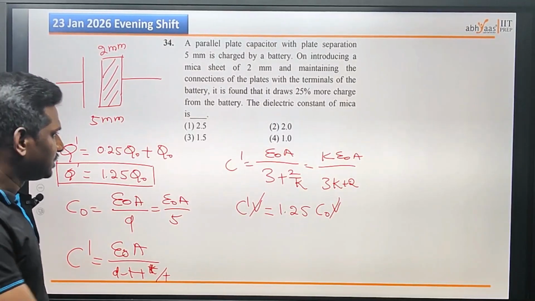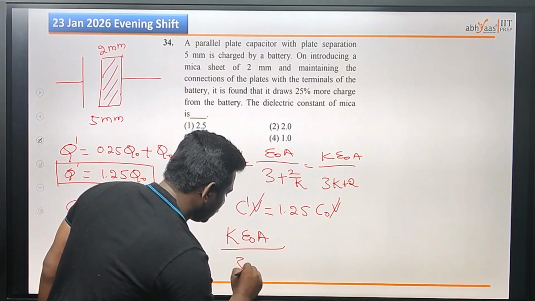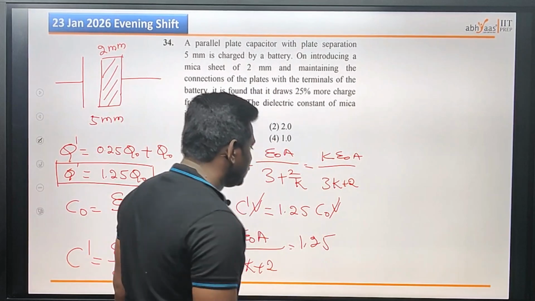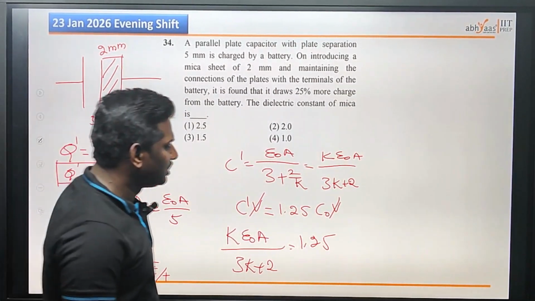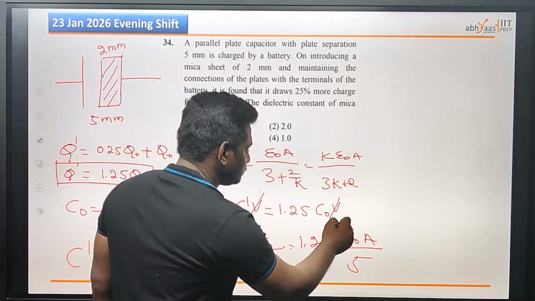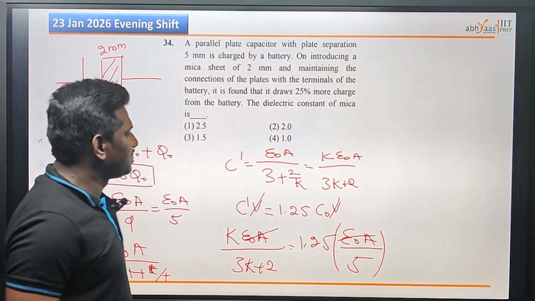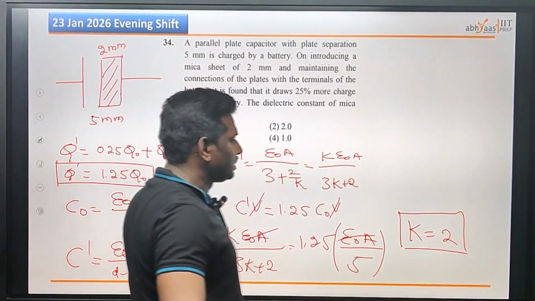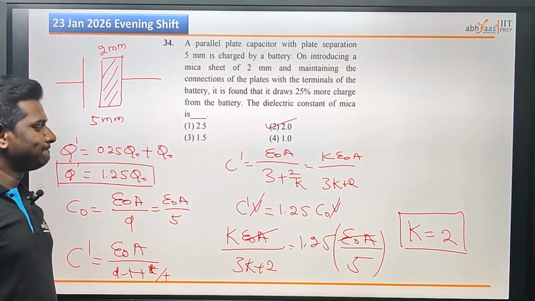C prime is K epsilon naught A by 3K plus 2, equal to 1.25 into C naught, and C naught is nothing but epsilon naught A by 5. These cancel out. If you solve this equation, you will get K equal to 2. This is your answer. Option 2 is your answer.